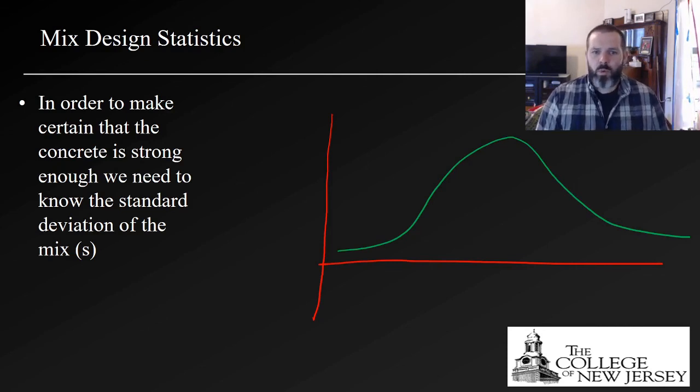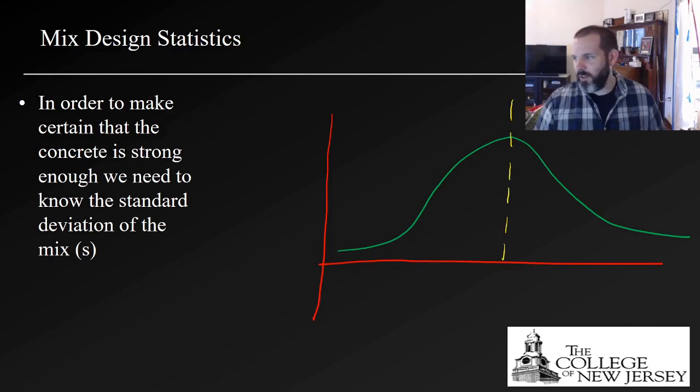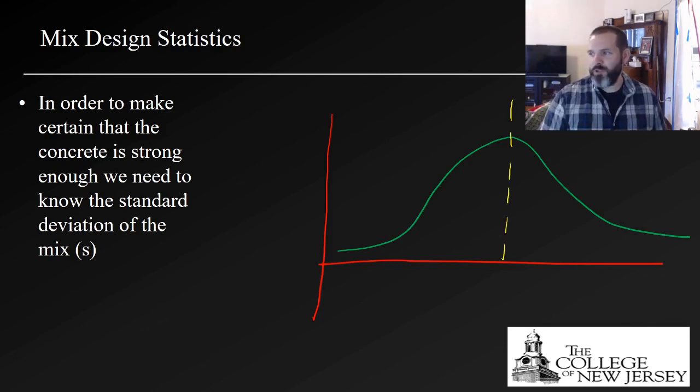Now, we do cylinder break strengths to understand what the strength of the concrete is. Now, drawing a line down the middle, the middle of the normal distribution is the average.